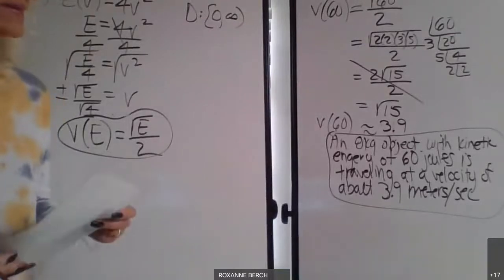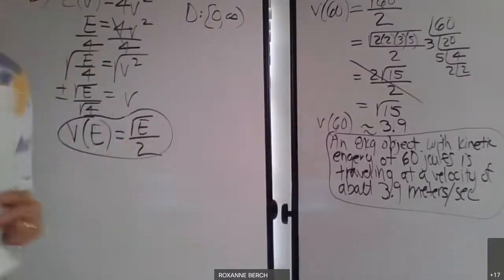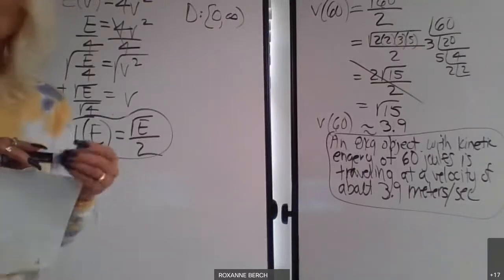So an 8-kilogram, that's the weight, object with kinetic energy of 60 joules is traveling at a velocity of about 3.9 meters per second.